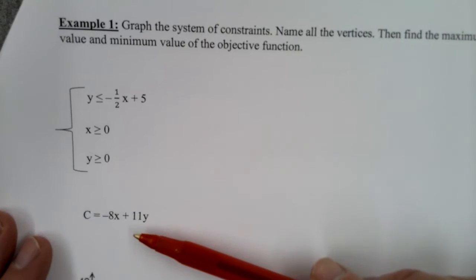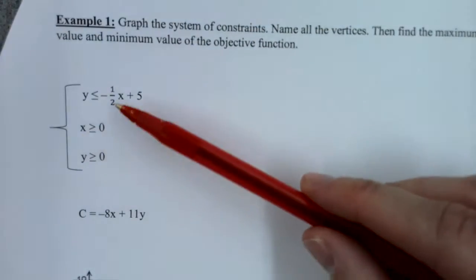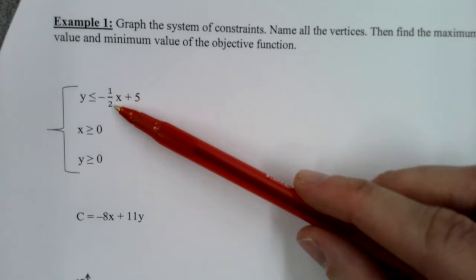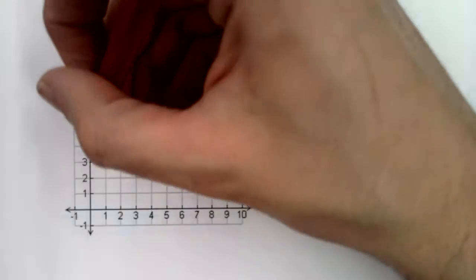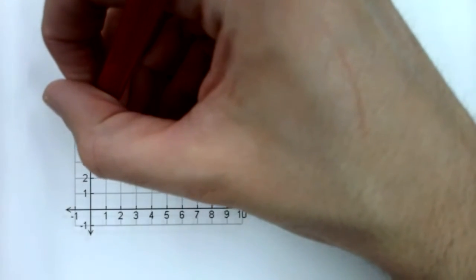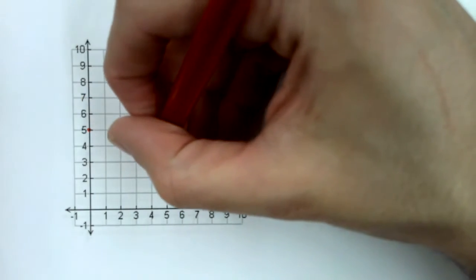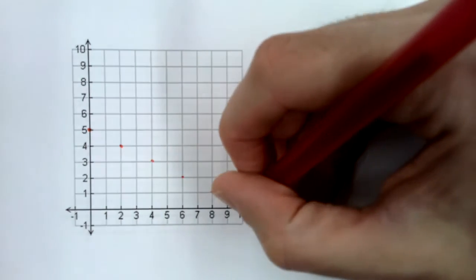This is what we want to either maximize or minimize. So first thing we're going to do is graph the constraints. This first one has a y-intercept of 5 and a slope of -1/2. Y-intercept of 5, slope of -1/2 means go down 1, right 2, down 1, right 2, down 1, right 2.